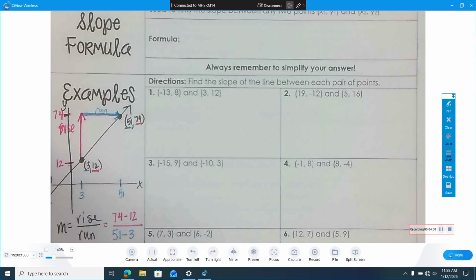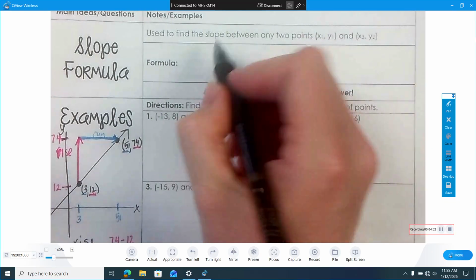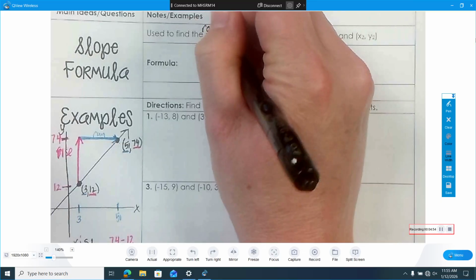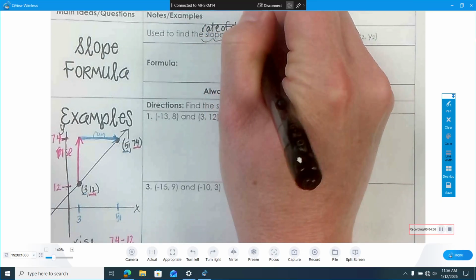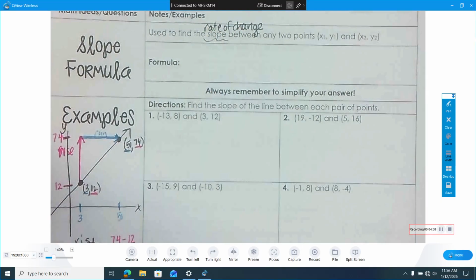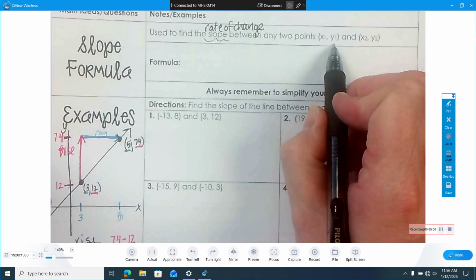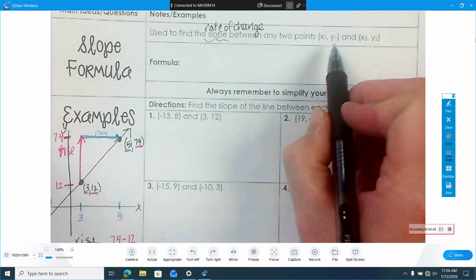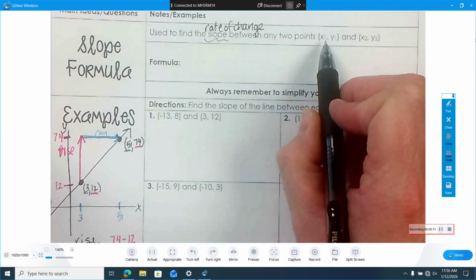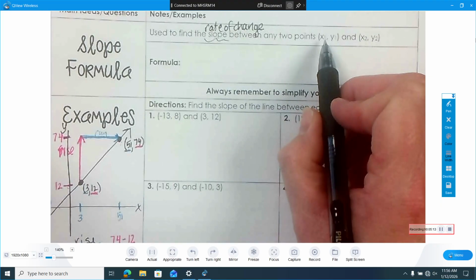So it turns out that to find the slope or rate of change, because they are the same, between any 2 points. Now here we have 2 points, x1, y1, and x2, y2. These are subscripts, so I'd say x sub 1.